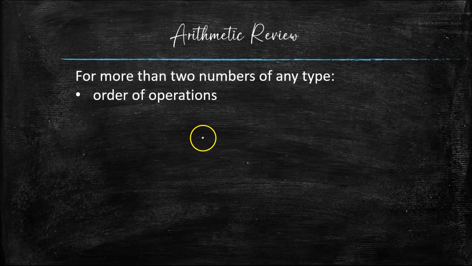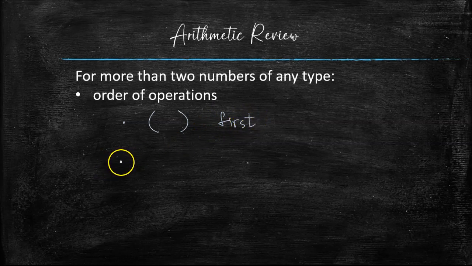Given a numerical expression with a bunch of numbers and a bunch of operations, can you figure out the right order and produce the right result? Again, I'm not here to teach you how to perform the order of operations, but I'm just going to remind you that parentheses or any other grouping symbols, such as square brackets or figure brackets sometimes, must be done first.